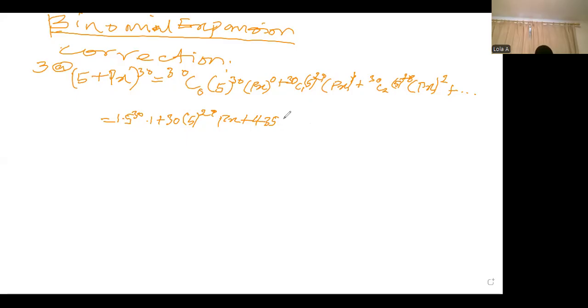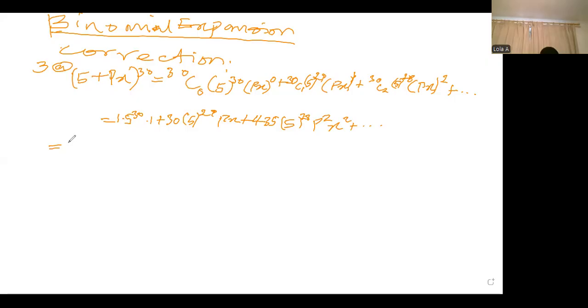Then 5 raised to power 28 times px squared. That will give p squared s squared, plus and so on. Now, if you look at it, let me put a line.